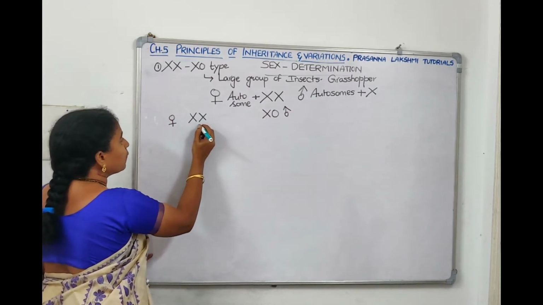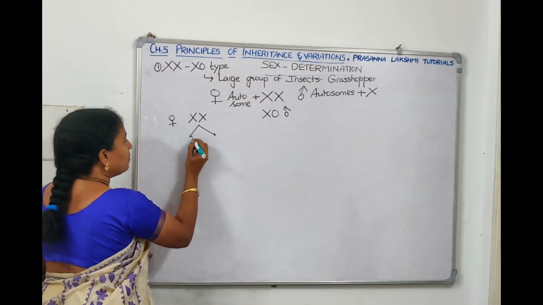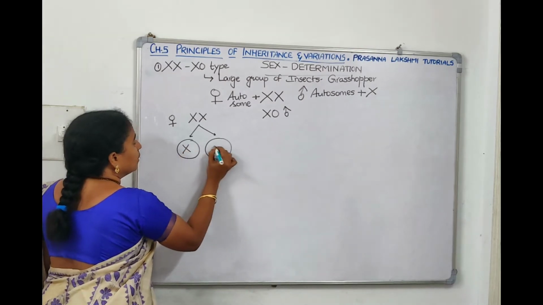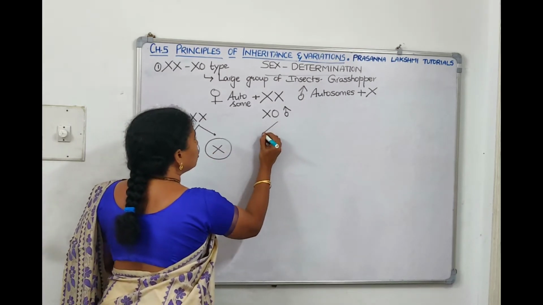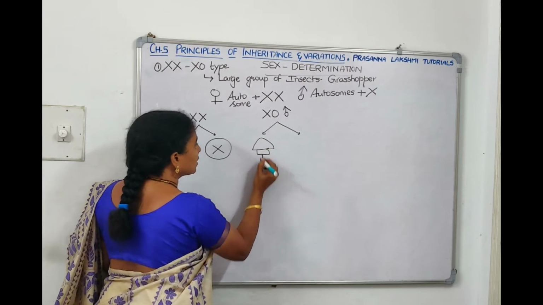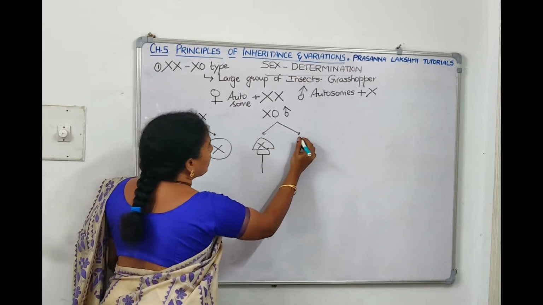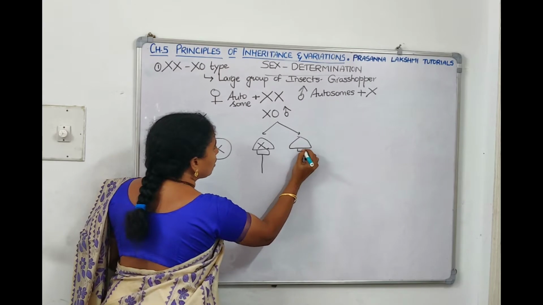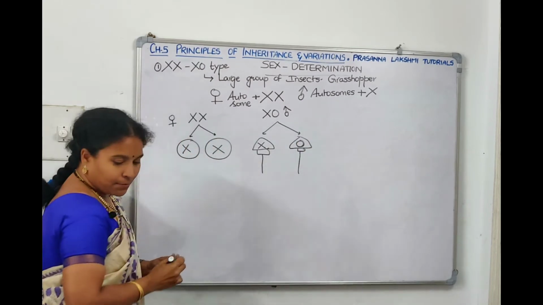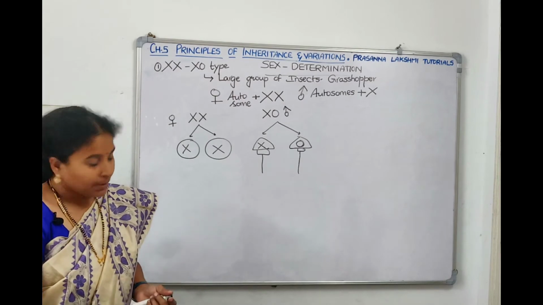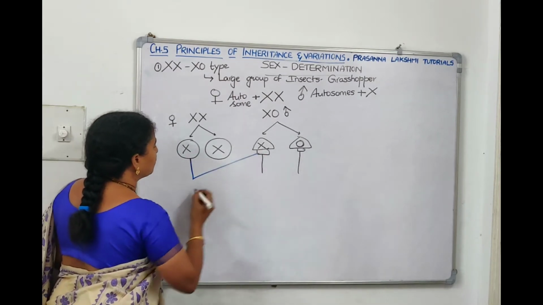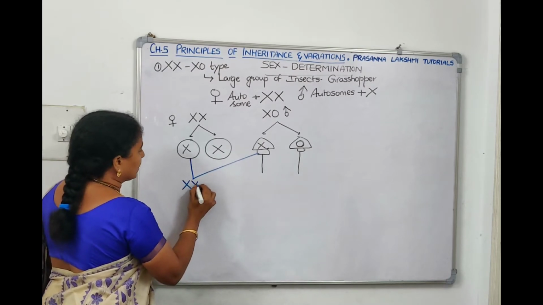Now during gamete formation, the female will make eggs with X chromosome. The male will make two types of sperms. One sperm has the X chromosome, another sperm does not have the X chromosome, 0. Now when they get fertilized, this egg with this sperm will be XX.